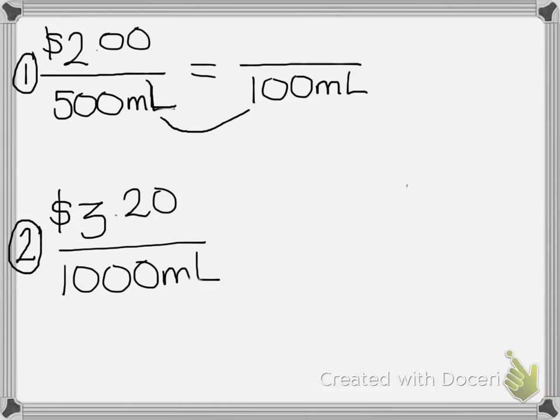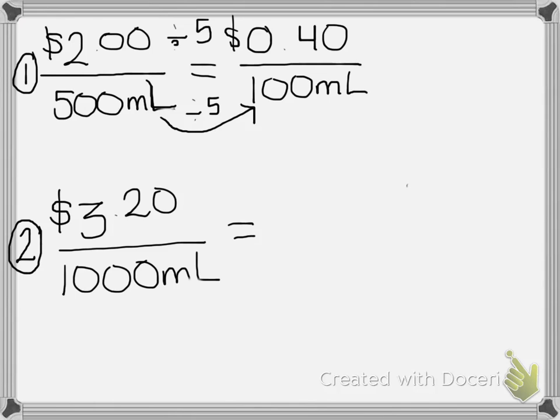What do I do to 500 milliliters to get to 100 milliliters? Well, I divide by 5. If I divide the top by 5, $2 divided by 5, I get that this is 40 cents per 100 milliliters.